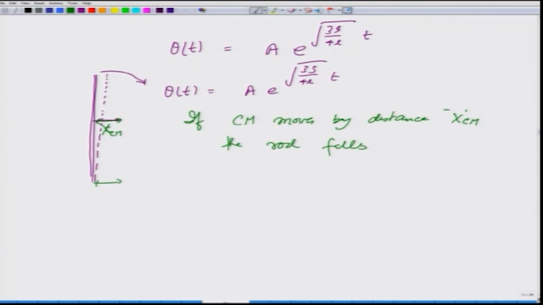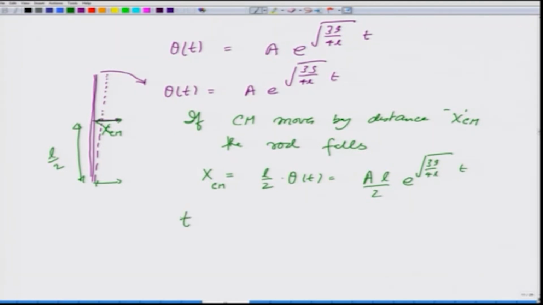So, x Cm is going to be L by 2, which is the distance of the center of mass from the finger for small angles, times theta(t), which is going to be a L by 2 e raised to square root of 3g over 4L t.